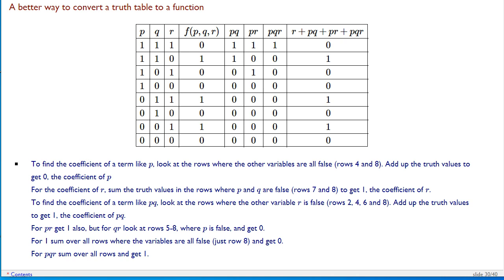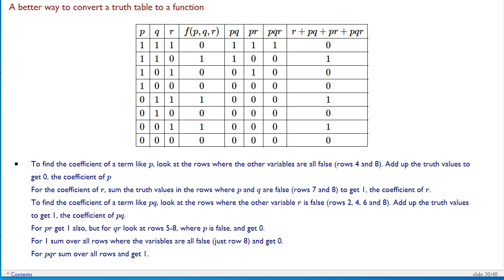If you want the coefficient of a term with only one factor like p, what you do is look at the rows in the truth table where the other variables are all false. In row 4 and row 8, q and r are both false, and then you look at the truth values in those rows. They're 0 and 0.